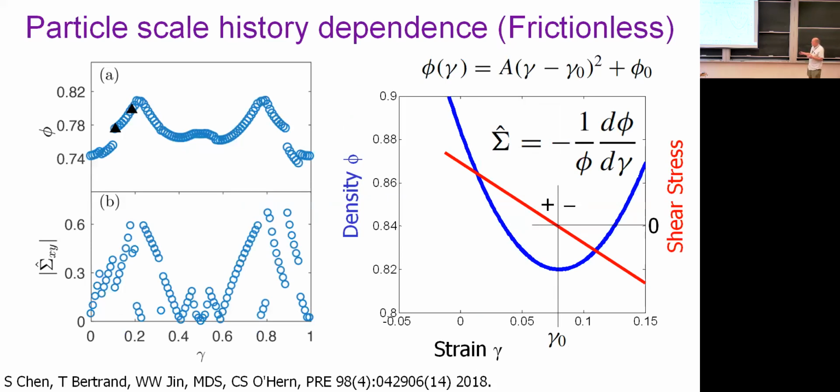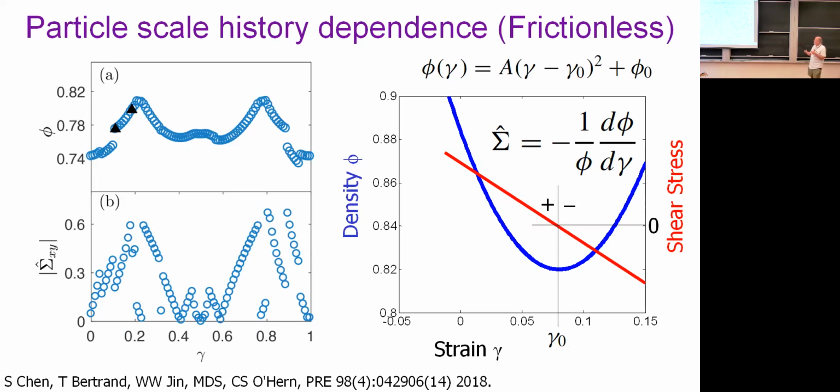And so what you can do is now think about, here's a real trajectory in the phi gamma plane. If we measure the stresses here, we notice that these are roughly parabolas. So phi as a function of strain is roughly a parabola, and the stress as a function of gamma is a line.